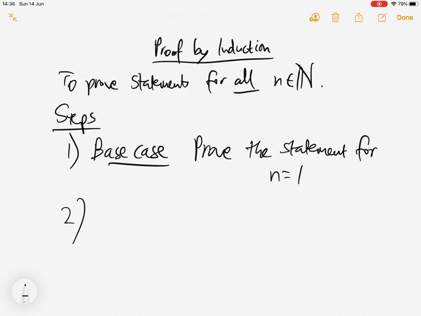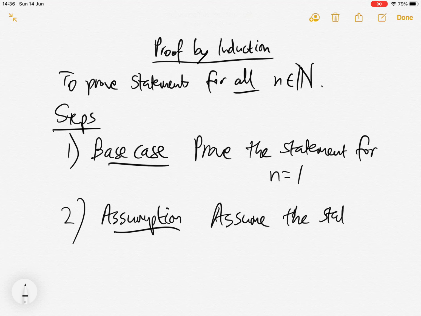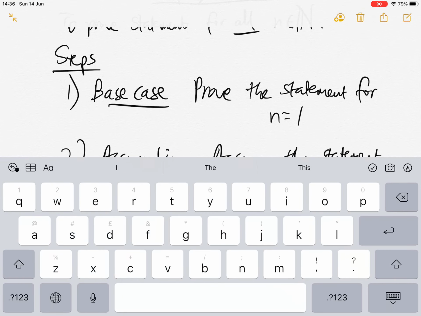The second step is the assumption. In this step, we assume the statement is true for n equals some number k.